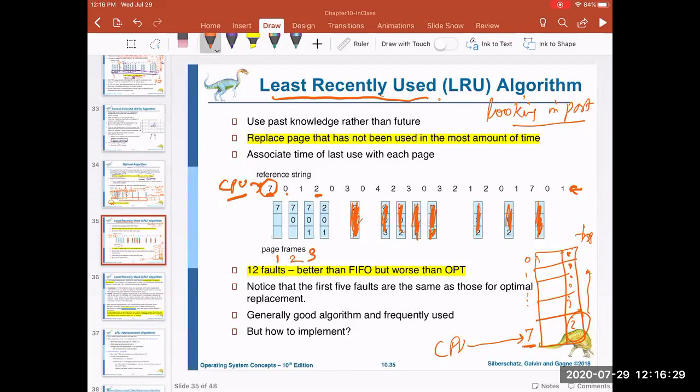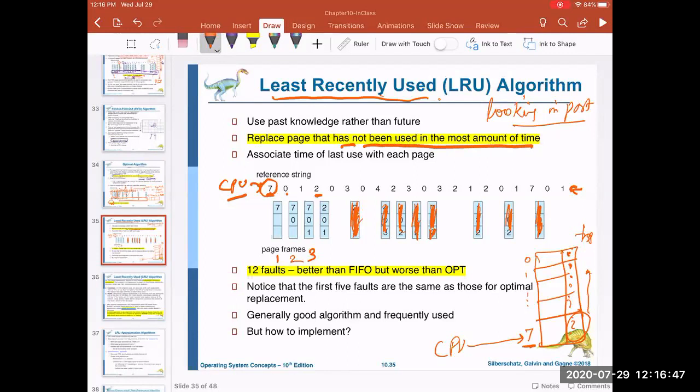For 2, we have to look at which one is the least recently used. Replace the page that has not been used for the most amount of time, which is not being used just now.